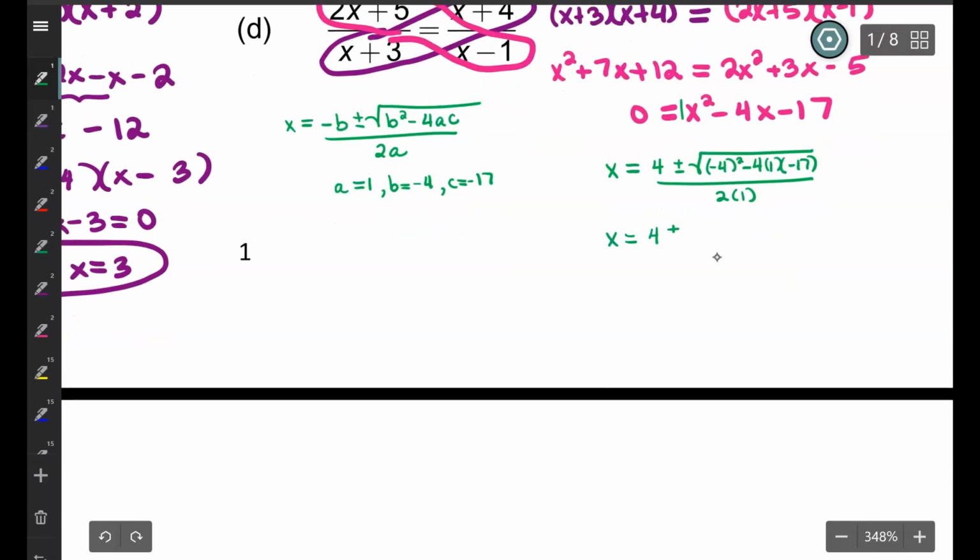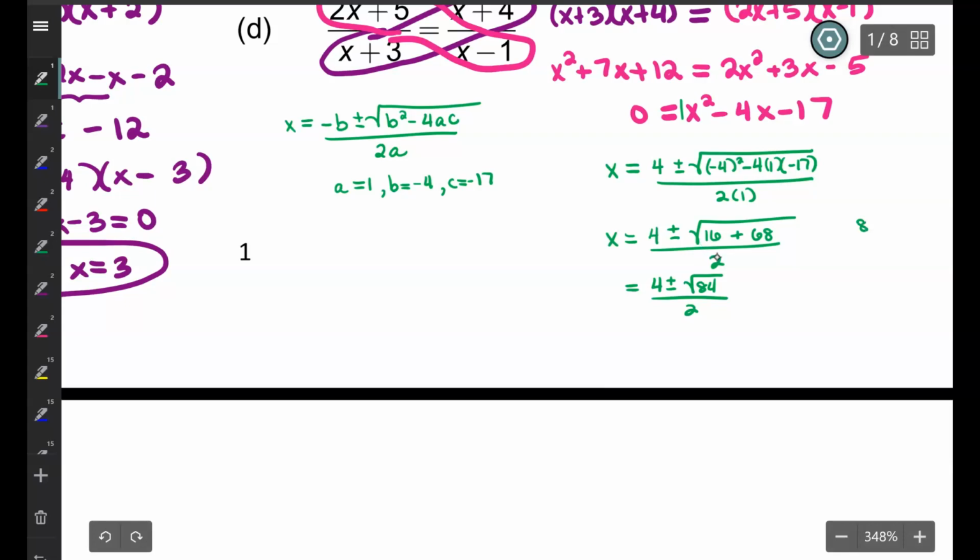So I have 4 plus or minus the square root. Okay, that's going to give us a positive 16. And then we have 2 negatives, so we're going to have 4 times 17 is 68, all over 2. So I get 4 plus or minus the square root of 84 over 2.